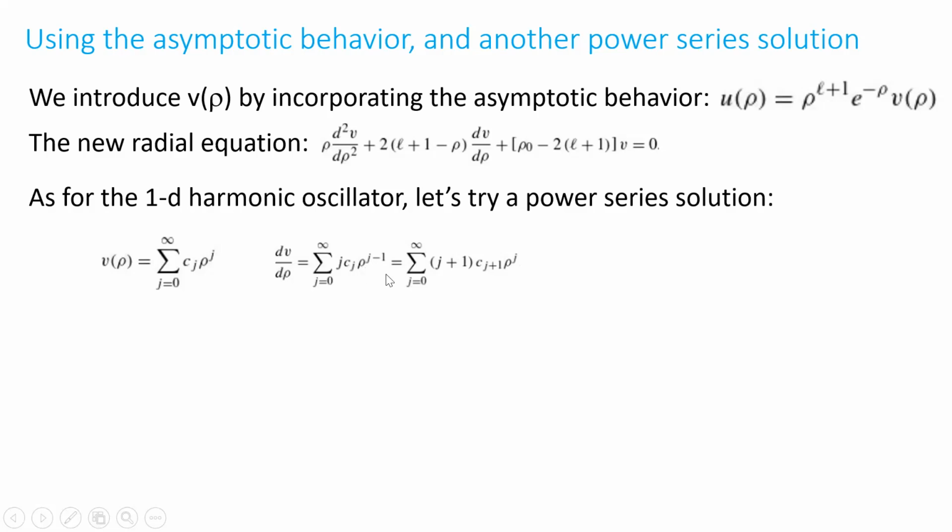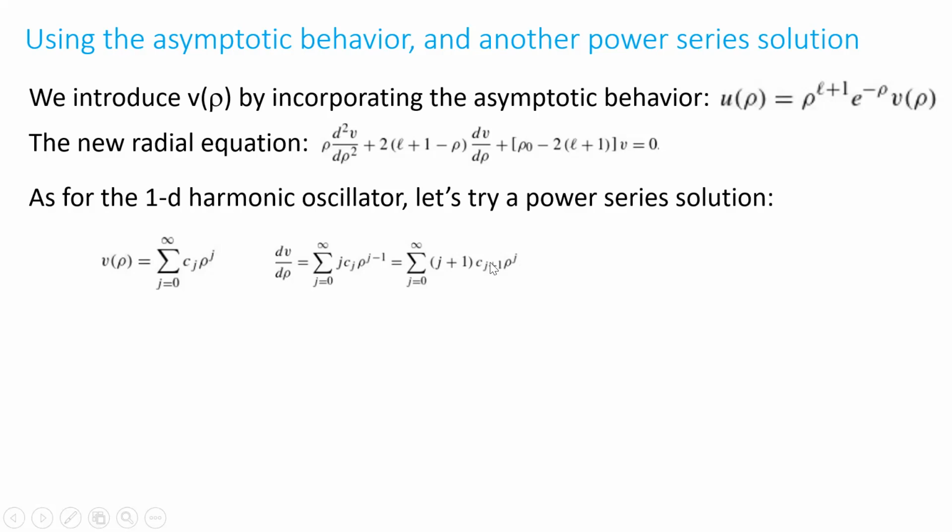So we can re-index this starting from j equals 0, so that we can compare it easily to the power series for v, as j plus 1, c_(j+1) rho to the j. So we just added 1 to each of these indices and started it from j equals 0. Just to check that, again, the j equals 1 term here was c1. The j equals 0 term here would be 0 plus 1 times c_(0+1), or c1, times rho to the 0, or 1.